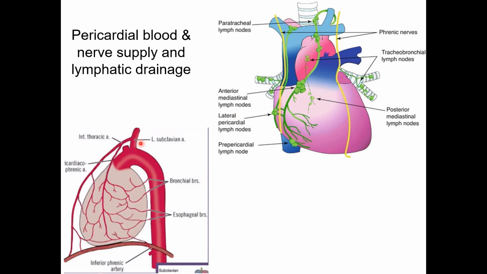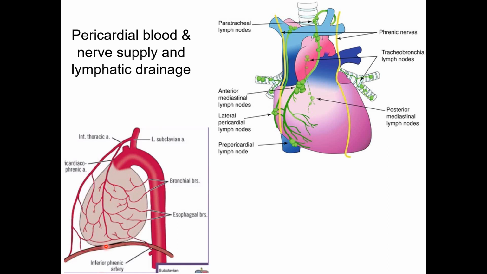Regarding the blood supply, the fibrous and parietal pericardium will receive several arterial branches from anterior and posterior sources. Anteriorly, we have the internal thoracic artery, which will give several pericardial branches, أو نسميها pericardiophrenic branches because they supply the pericardium and the diaphragm.